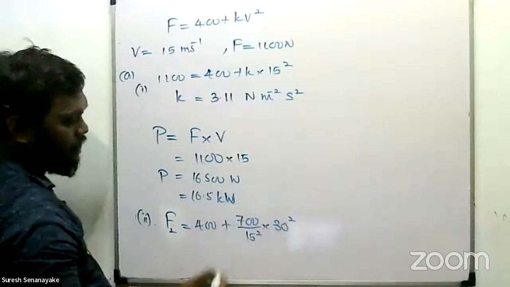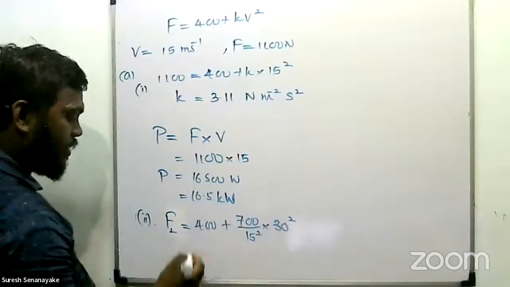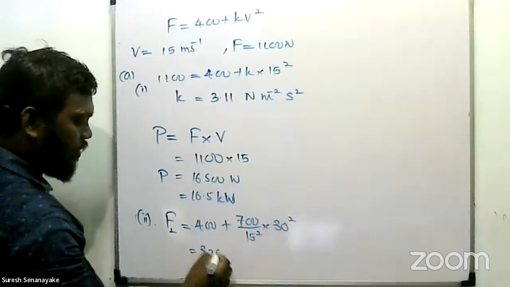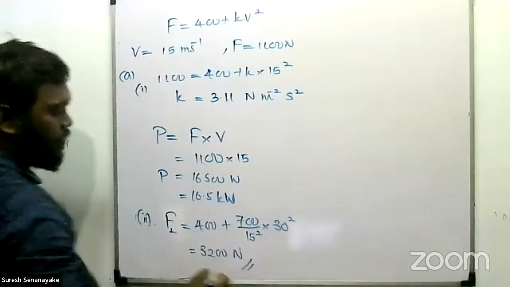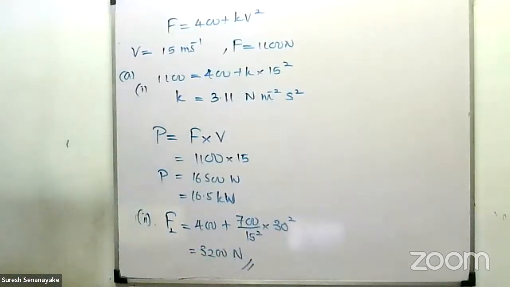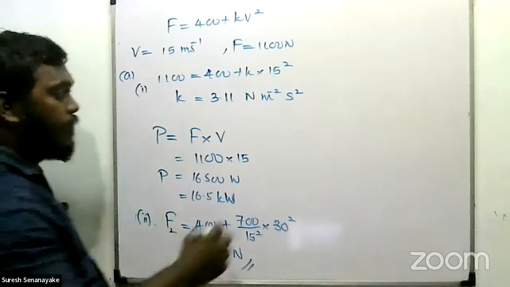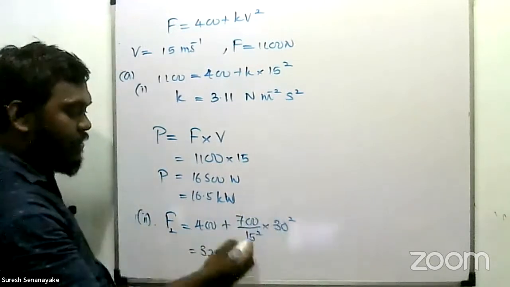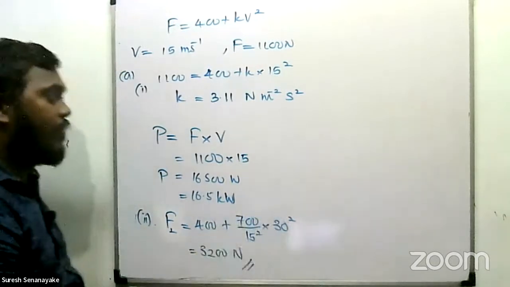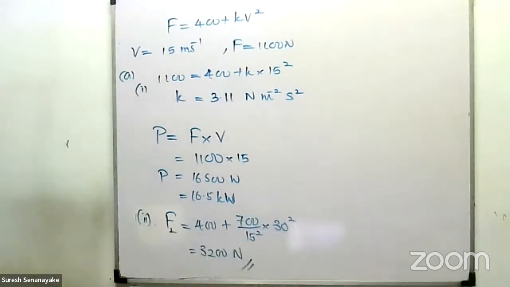This multiplied by 4, that is 700 times 4 is 2800, plus 400 is 3200 Newton. Total resistive force is now 3200. Whatever way you can simplify that, you can also get this value.